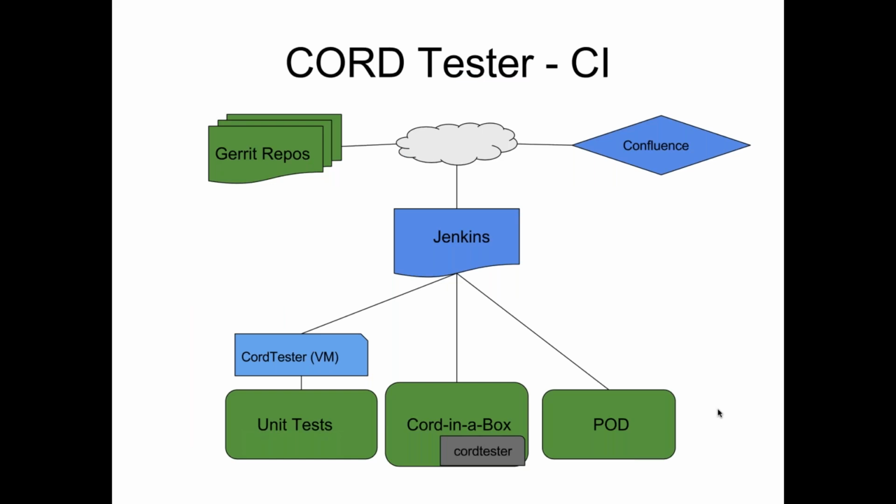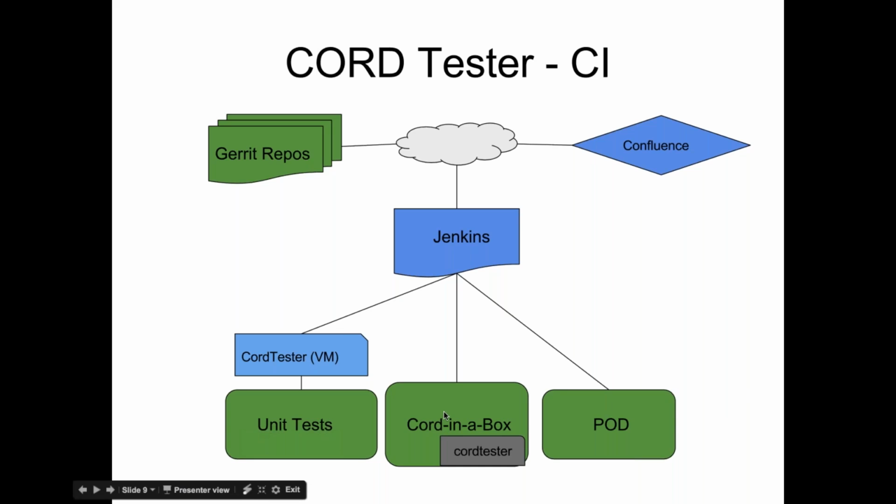Okay, so this slide talks about Jenkins, how we are doing it right now. This is a very simple diagram. This might change in future, the way we want to access various pods and use the Jenkins platform. For now, we have unit tests.